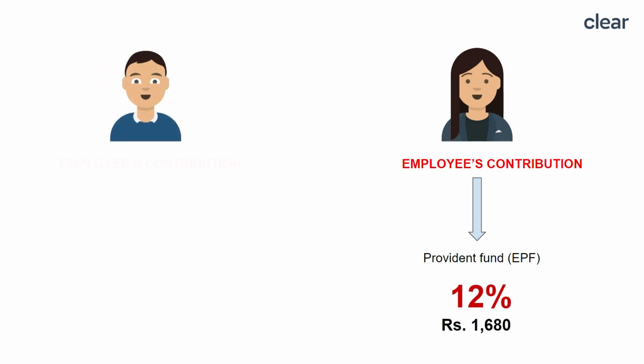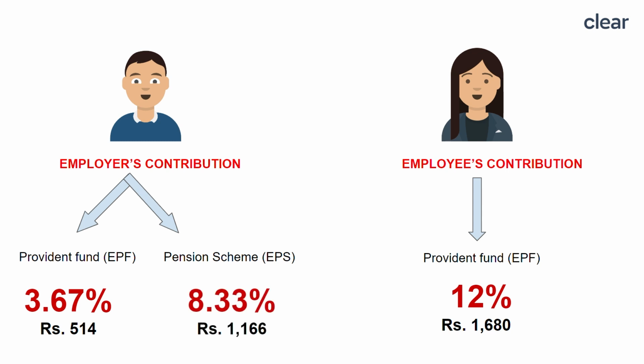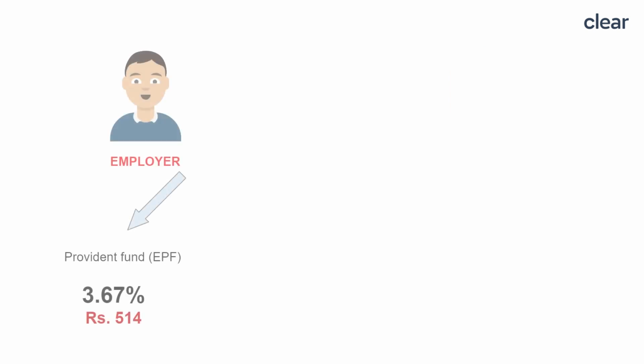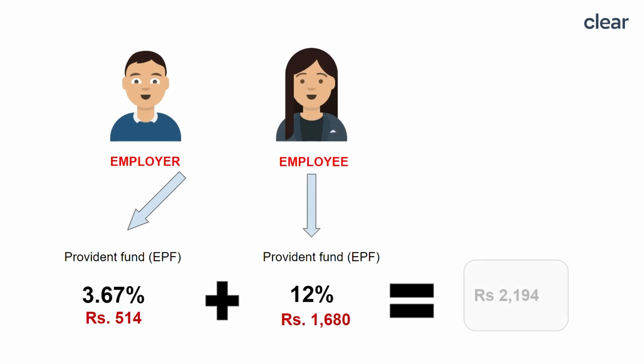However, the employee's contribution of 12% shall be divided as 3.67% towards EPF, that is Rs 514, and 8.33% towards the employee's pension scheme. Therefore, the total contribution in PF by employer and employee comes to Rs 2,194, which earns an 8.1% interest. The computation may look complicated, but it can be easily done with the ClearTax PF calculator.